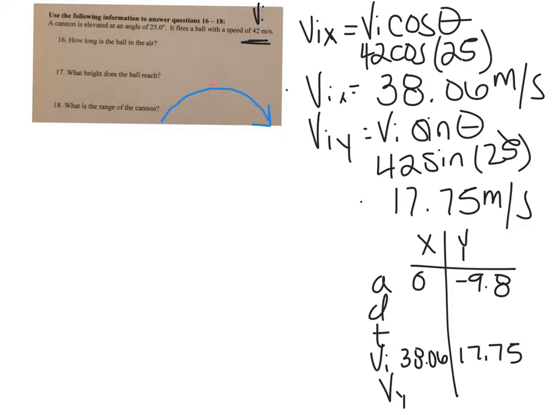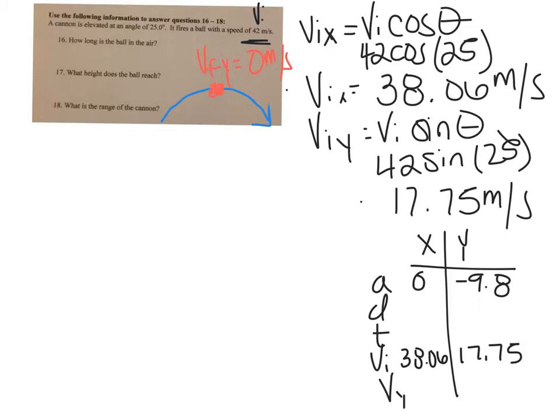Because right here at the very top, just like when we throw something straight into the air, its VFY will be 0 at that point, because it's going up and up and up. Eventually it has to start coming back down. So at that moment that it reaches its highest point, its velocity is 0.